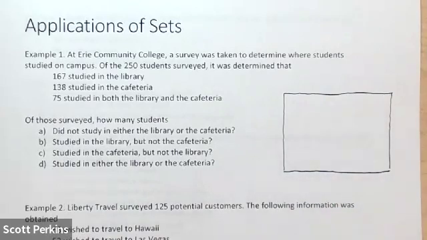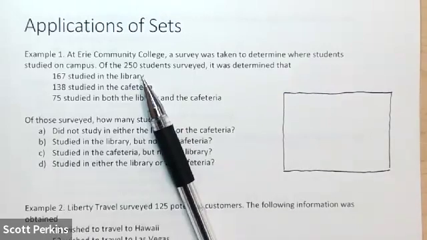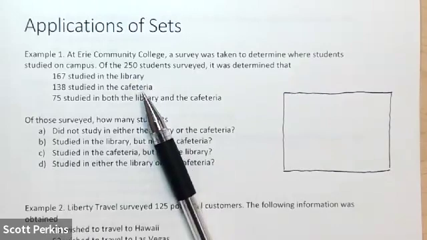Why do you say 3? Okay, so I just want to help think this through because I don't see 3 things, I see 2 things. I see that we need a library circle, and then we need a cafeteria circle, because those are the two options that the students are picking from.